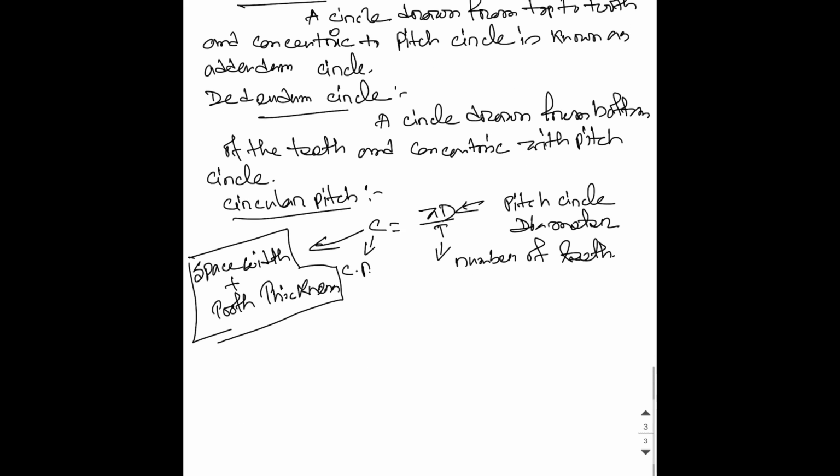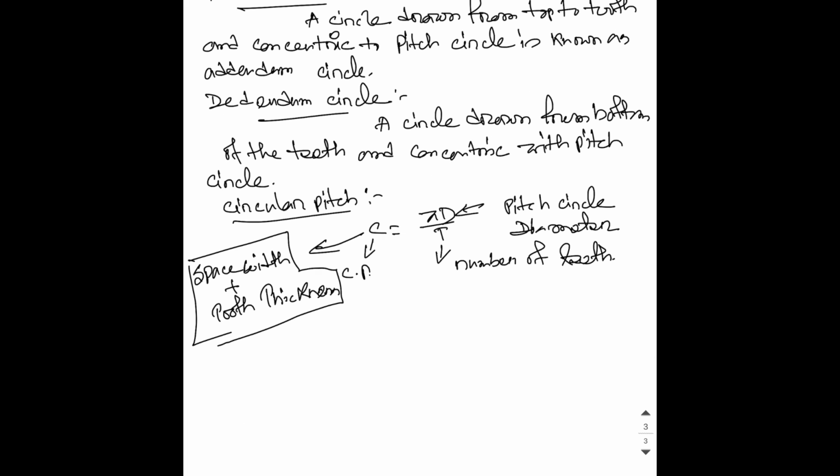Next is diametral pitch. Diametral pitch we may define as PD equals T by D mm. It is the ratio of the number of teeth to the pitch circle diameter, but the diameter should be in mm. This is the diametral pitch.